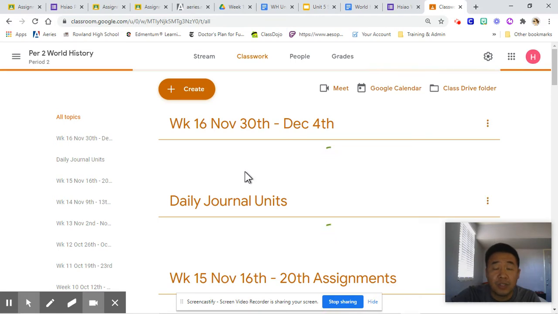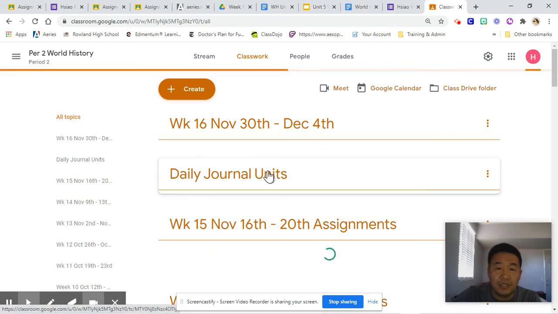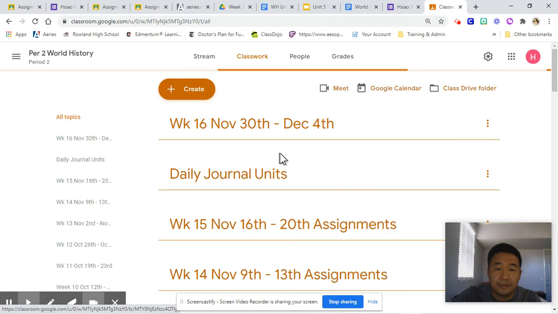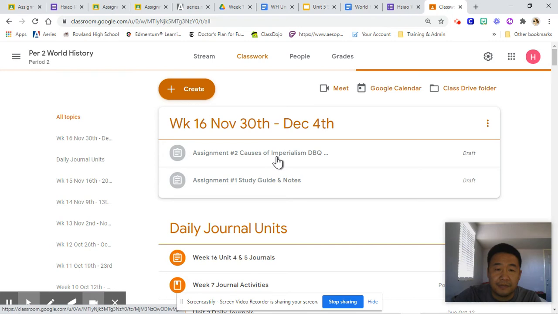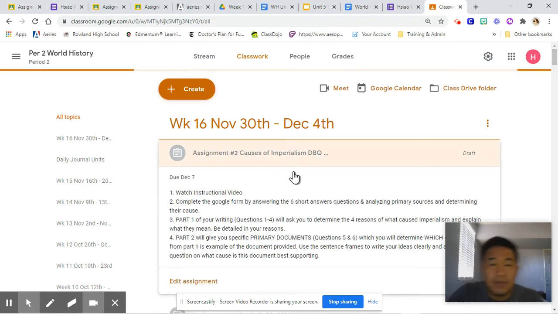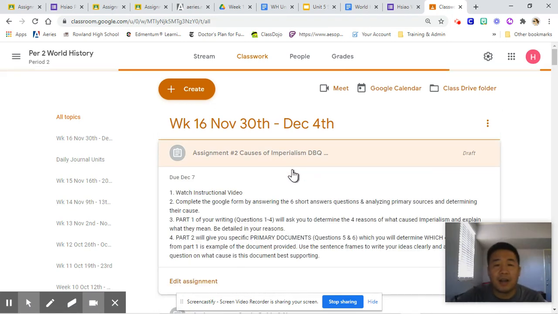There's a little bit more instruction in the assignment as well. There we go. All right, so here's assignment number 2, and we're going to be talking about causes of imperialism, the DBQ.